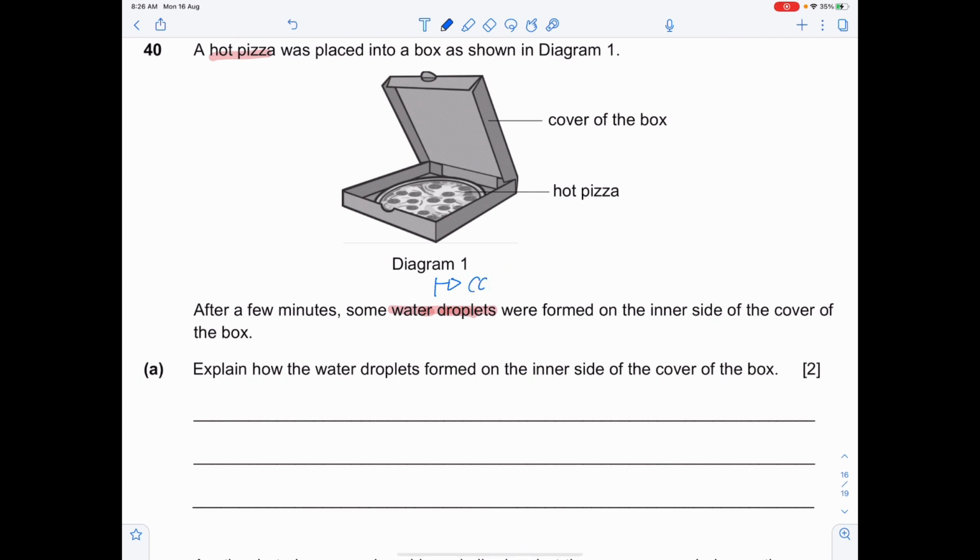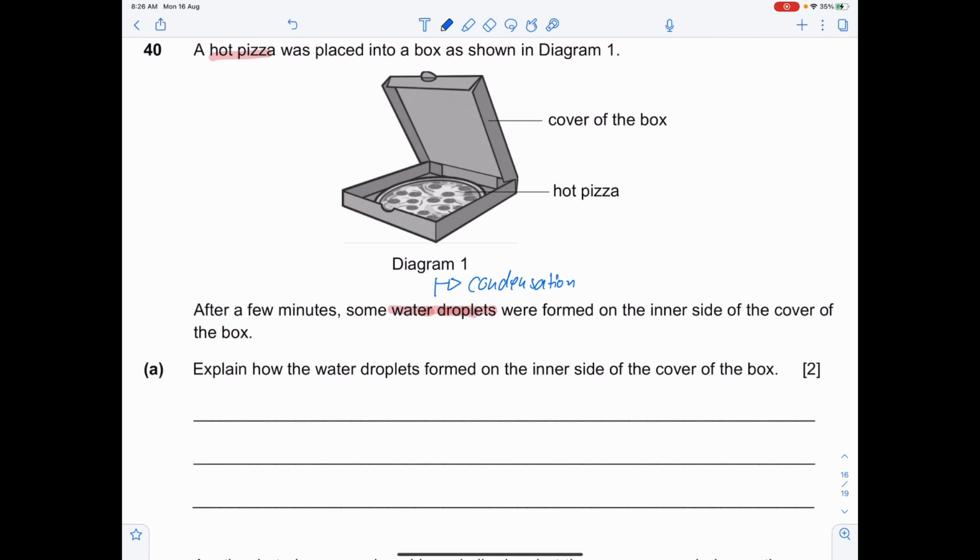Condensation must have happened, right? Now, if there's condensation happening, then I first need to have what? Heat loss. Correct? So in order to have heat loss, I must first find a cooler surface. Right? So this talks about the condensation part.